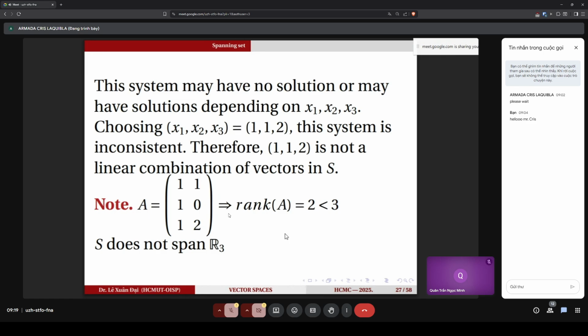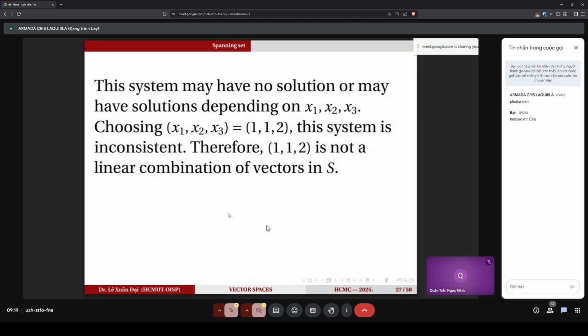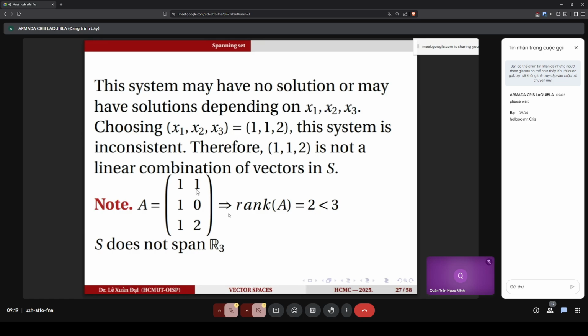So that is 1, 1, 1, 1, 0, 2. The rank is 2. Okay, so what to do, class? You arrange the vectors here. The first vector, you arrange as the first column, and then the 1 0 2 is in the second column. If you convert that into matrices, actually, class, it's the numbers here.